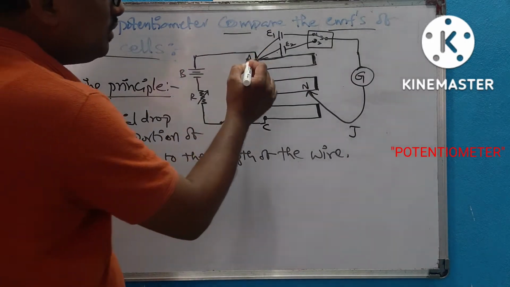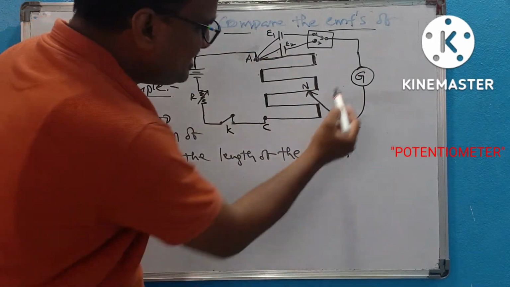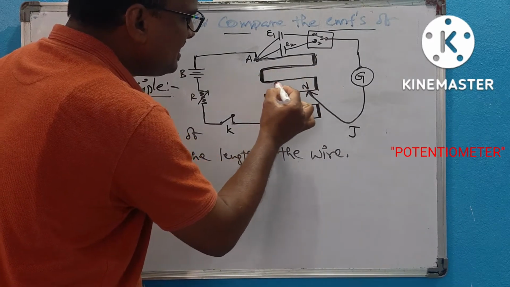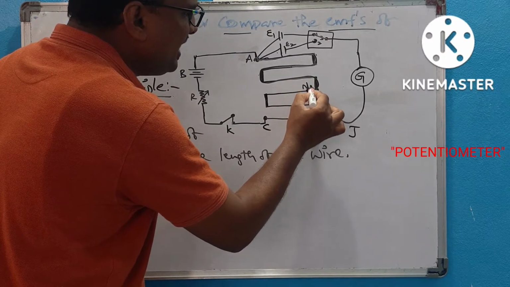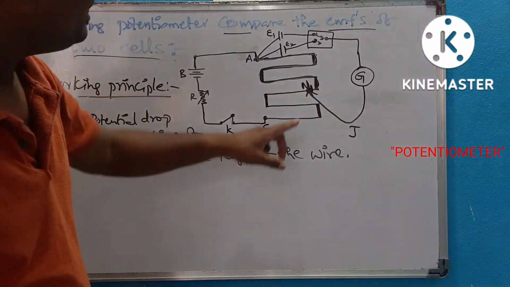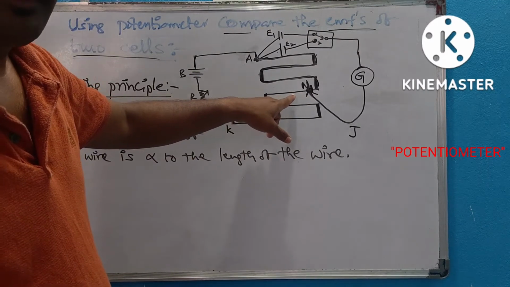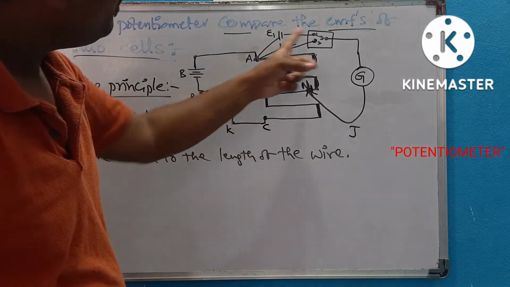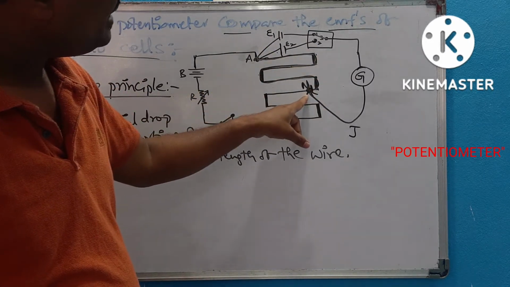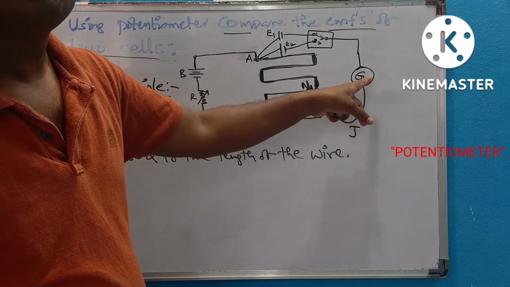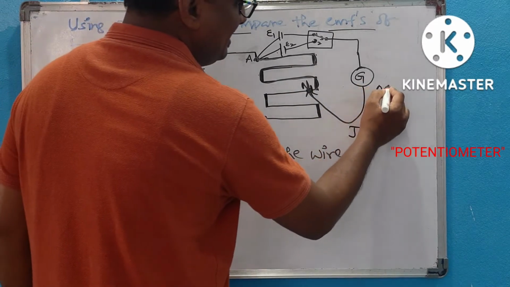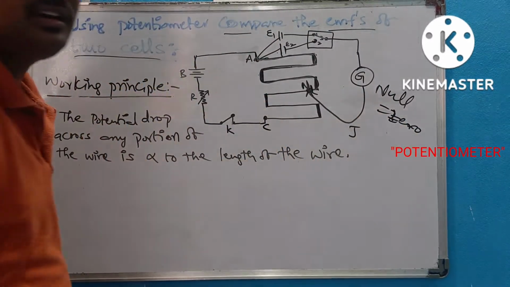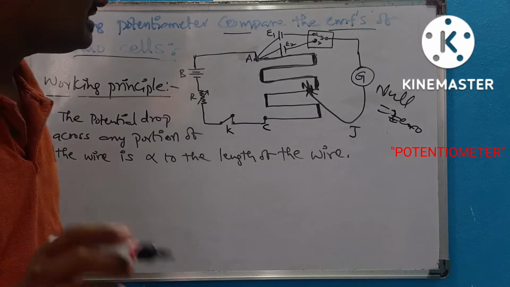Now we slide the jockey like this, and at some point, which we consider as N1, the galvanometer shows null deflection. Null means zero deflection, that means the galvanometer doesn't show any reading.